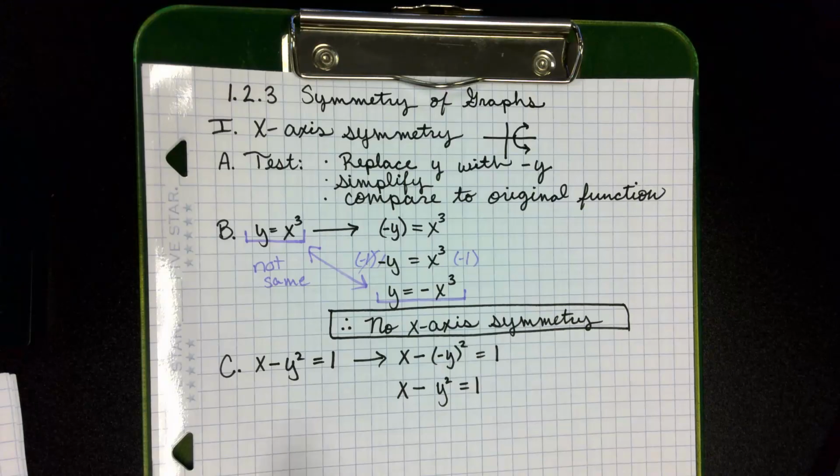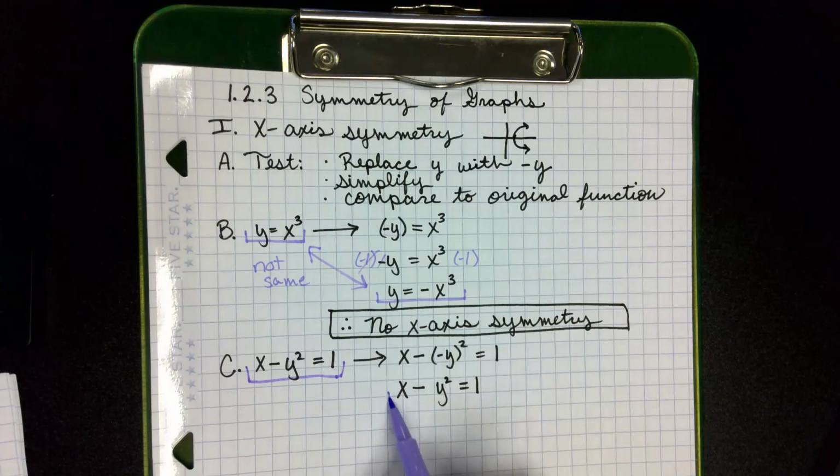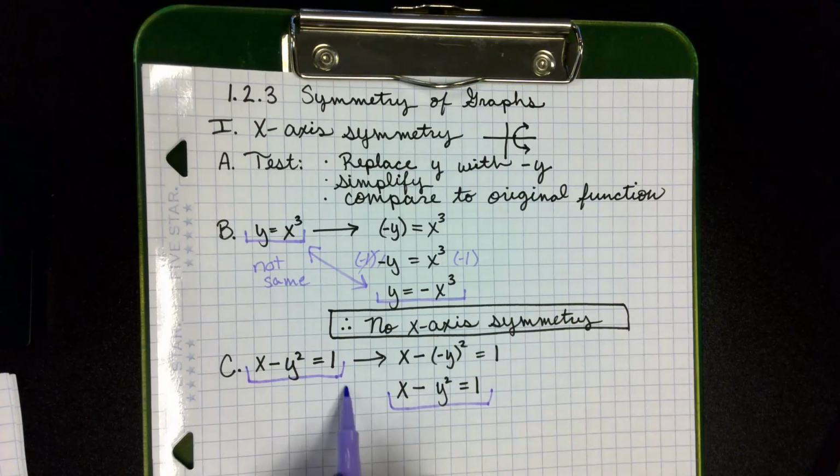So then the left side is the same as the left side, so I'm done simplifying. I'm going to compare the original function to the result. These are exactly the same.